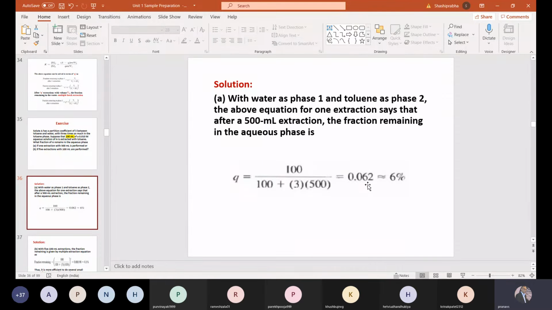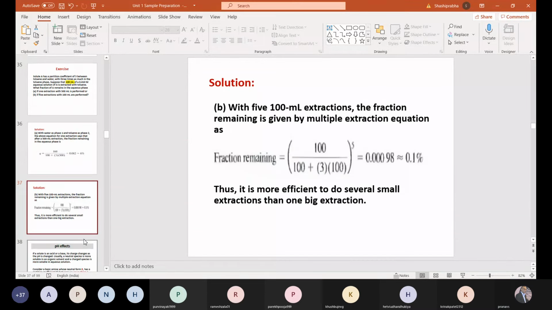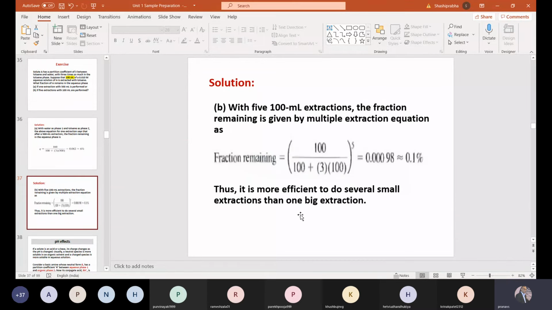Now the next is, what will happen if we do this extraction 5 times, but each time we use 100 ml only? This is how things change using this expression. V1 remains constant, that is 100, K remains the same, 3, but now we have 100 raised to the power 5 because we have done 5 extractions.